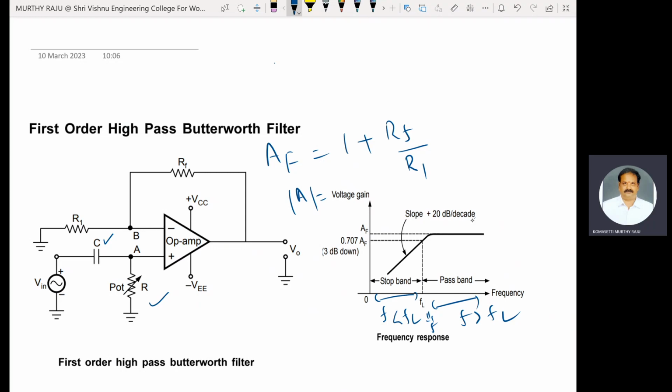Slope is plus 20 dB per decade. At F equal to FL, voltage gain mod A is equal to 0.707 AF. At F greater than FL, that is the pass band in case of high pass filter, the gain is constant, that is AF.